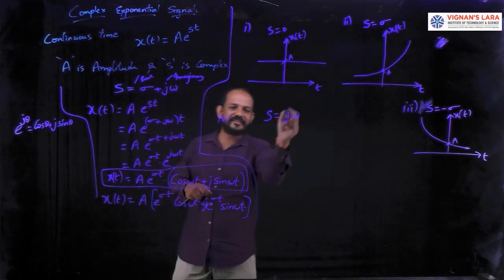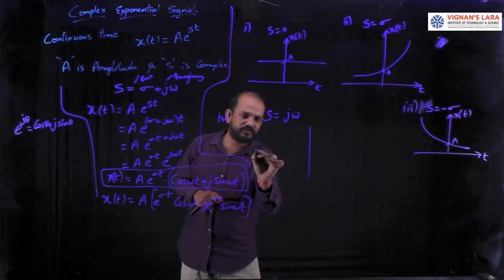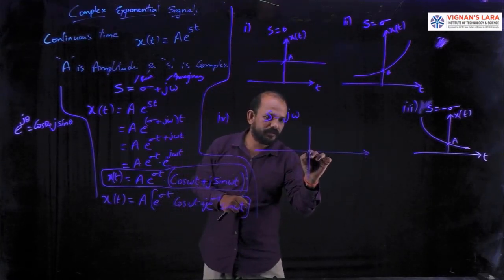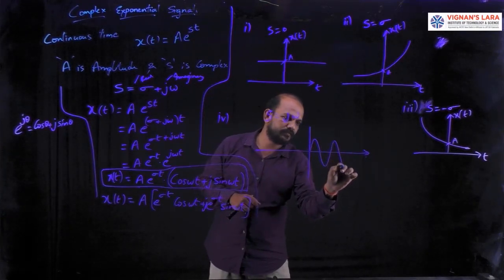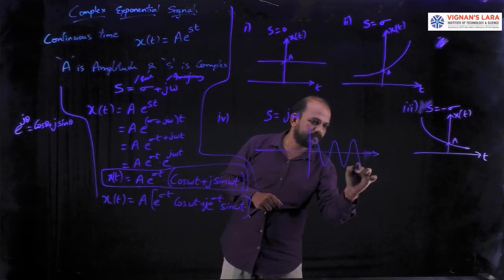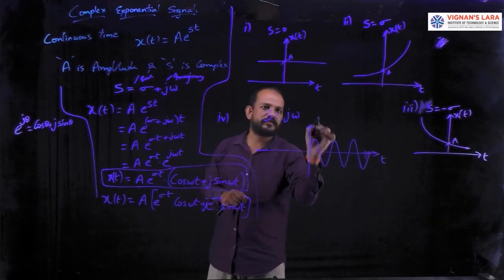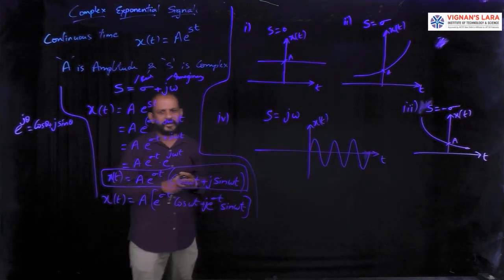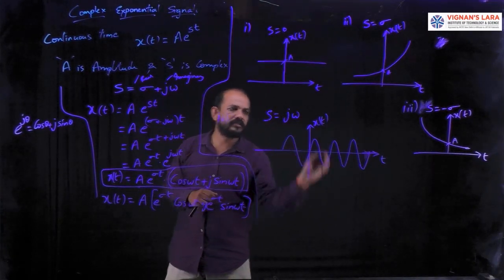That is, whenever s equals j omega, we will get a sinusoidal shape. So this is x of t when s equals j omega. If you go for the negative axis also, j omega.